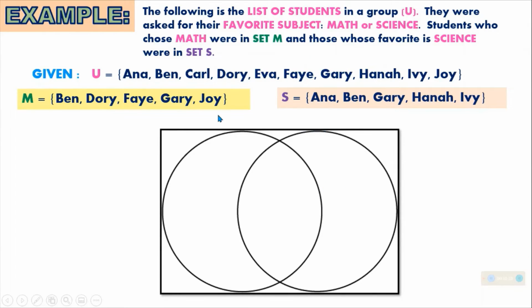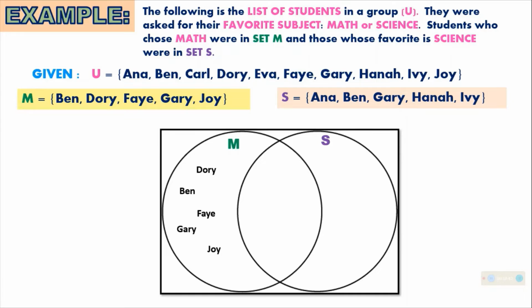So, this is the representation of Venn diagram. First, this one is set M. And then this one is set S. In set M, we have Ben, Dory, Faye, Gary, and Joy.